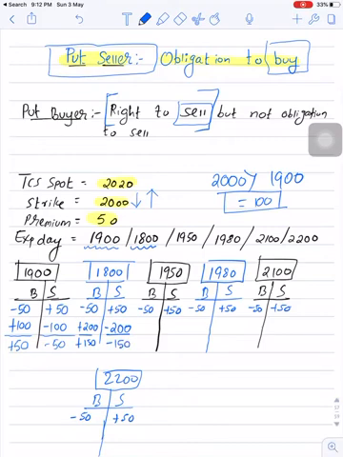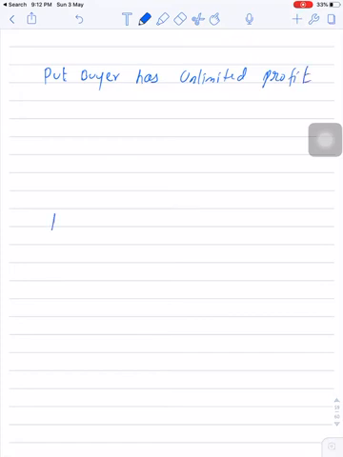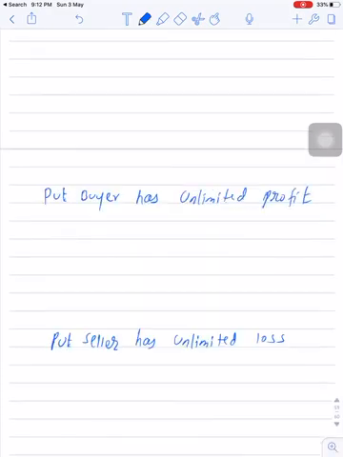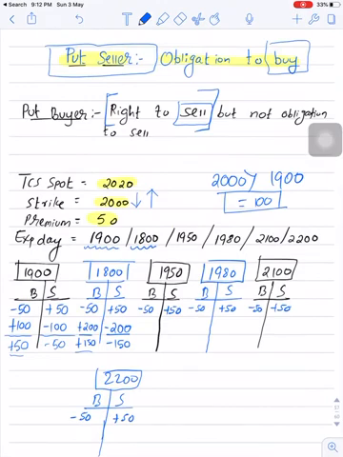So as you can see, the buyer has unlimited profit. When the price was closing at 1900, his profit was 50 rupees. When the price is closing at 1800, his profit is 150 rupees. So we can say the put buyer has unlimited profit, whereas the put seller has unlimited loss. So if the buyer is making profit, the put seller will make loss.